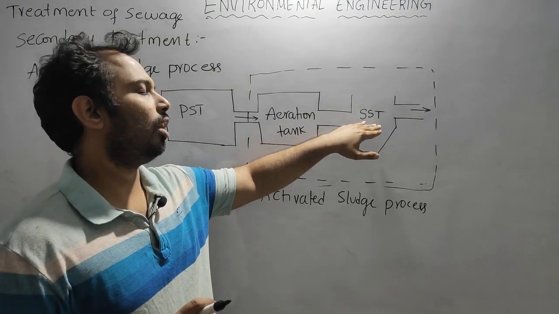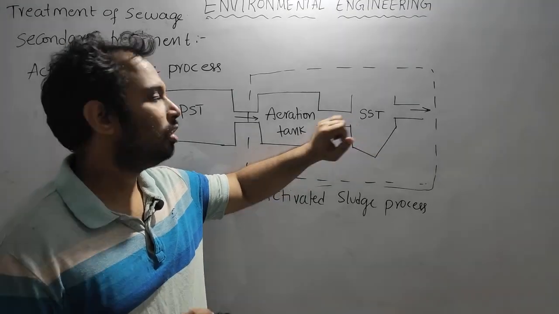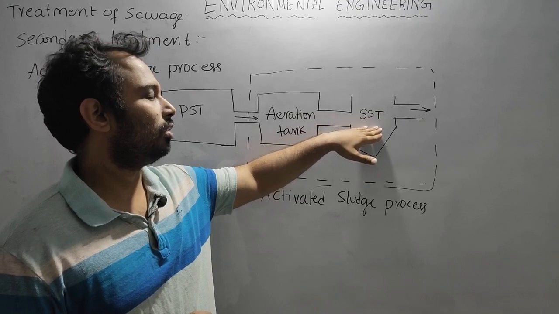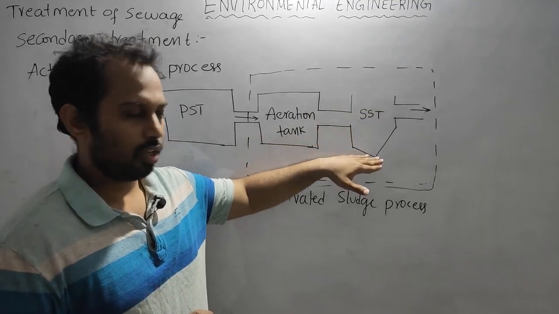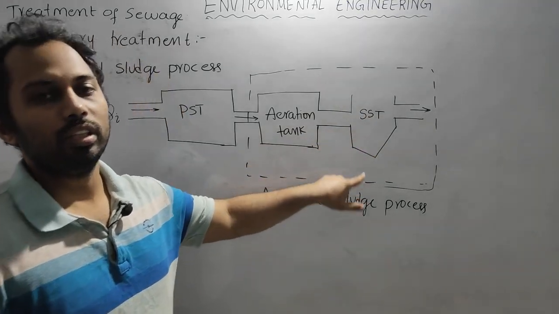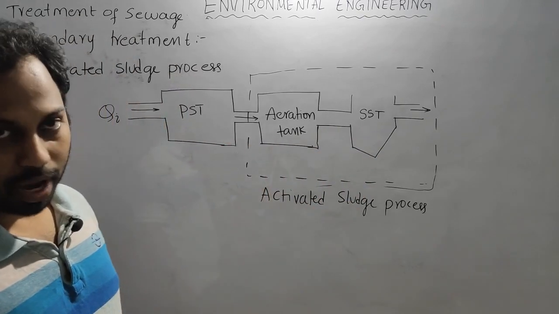So the organic matter settling in the secondary sedimentation tank is of nitrogenous type. Along with this nitrogenous organic matter, the microorganisms will also settle down. Now here there is no carbonaceous organic matter, but a larger amount of microorganisms is present.